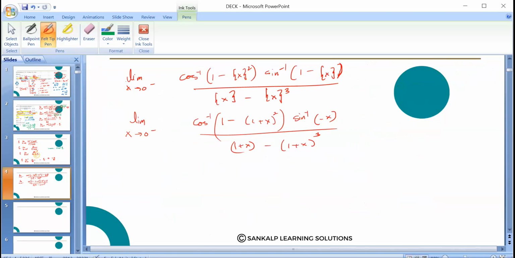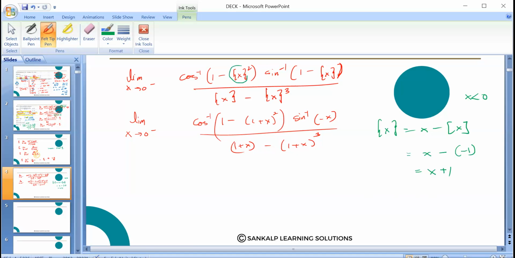But now, left limit. If you take x in brackets, it is x minus greatest integer function of x. This time x is lesser than 0. So what happens? It will be minus of minus 1.